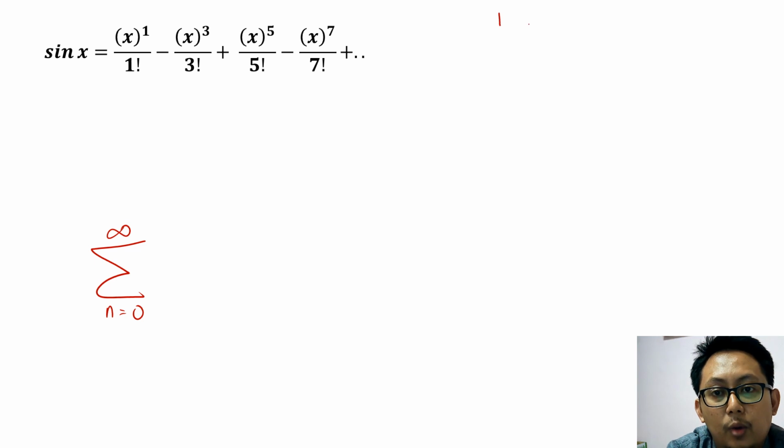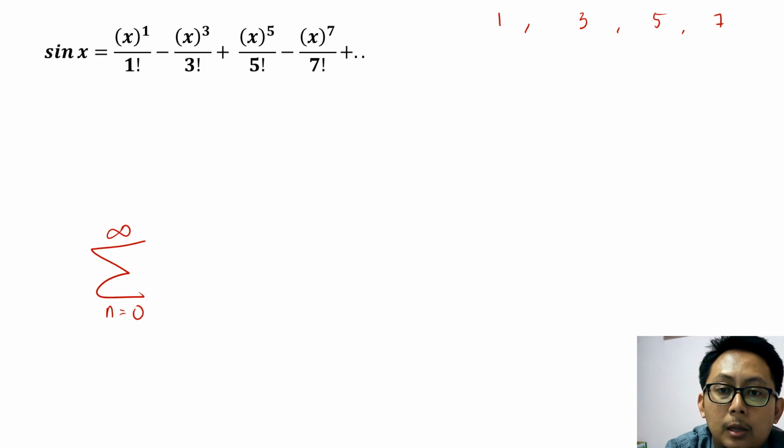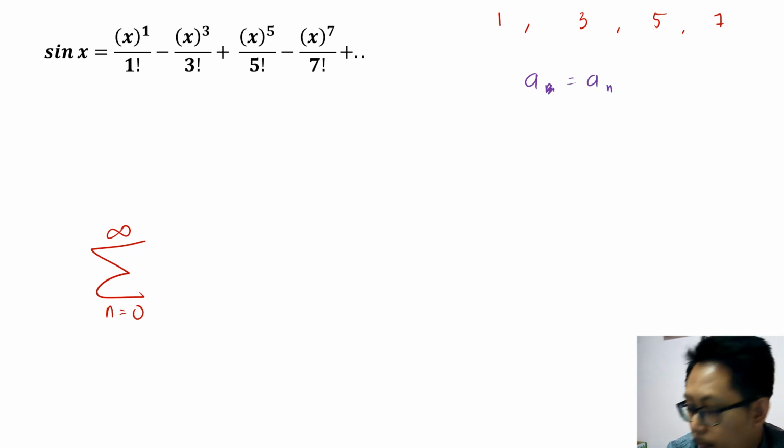Right now we have 1, 3, 5, and 7, so we need to find the ratio for this arithmetic sequence. So this ratio from the equation a_n is equal to a_n. I need to check the equation here.